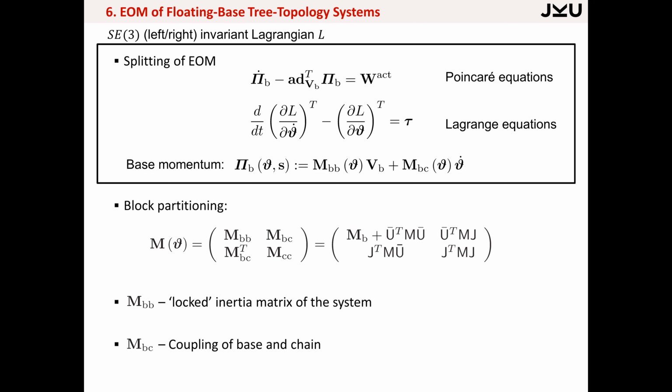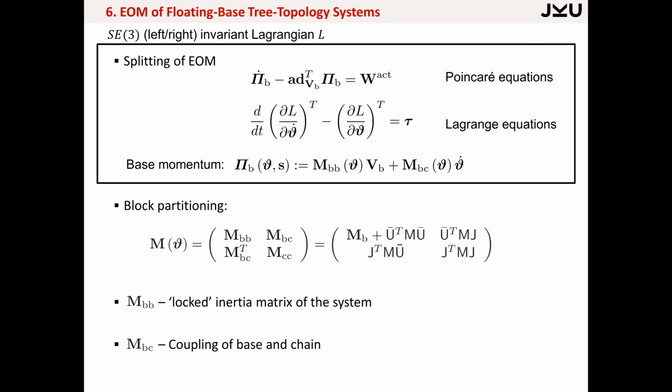And from a more geometric point of view, these equations are split according to these mass matrices, and they give rise to a different set of equations. The first one is, again, the Newton-Euler equations. In differential geometric terms, these are called Poincaré equations, whereas the last n equations are just simple Lagrange equations.